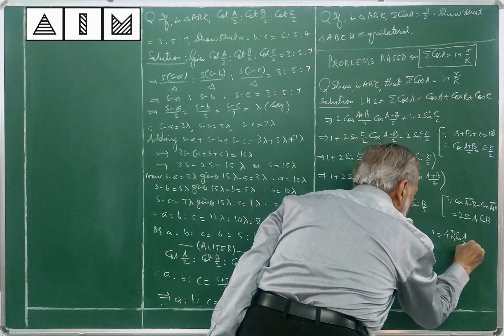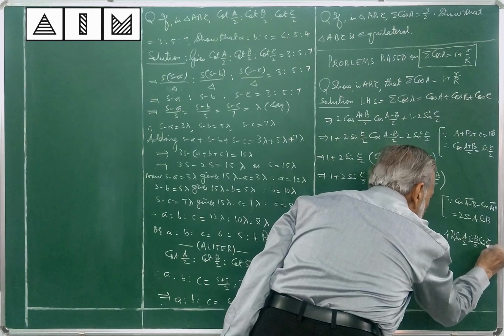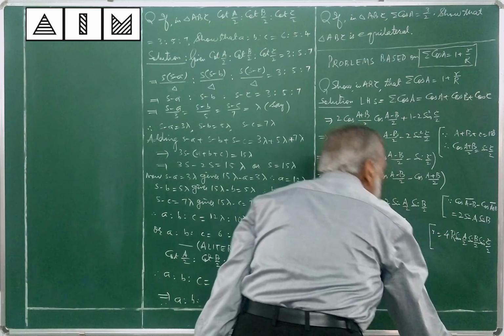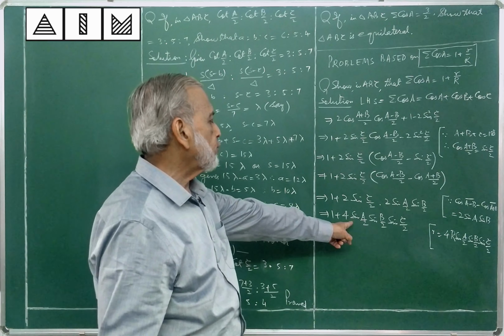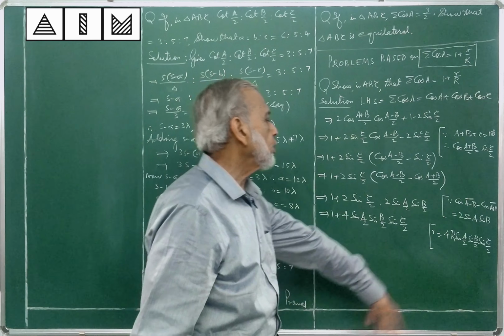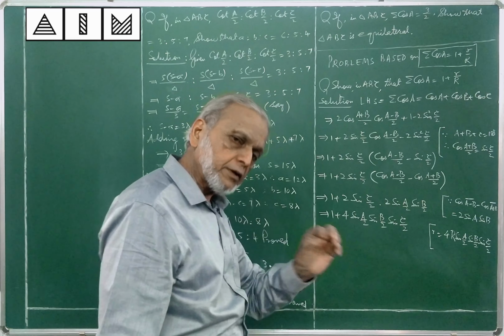We have done this formula very recently. Small r is equal to 4R sin A by 2 sin B by 2 sin C by 2. I find 4 sin A by 2 sin B by 2 sin C by 2. Capital R is lacking here, supplying now.